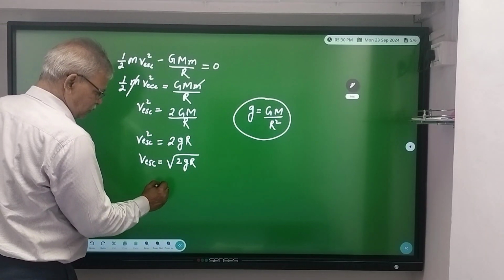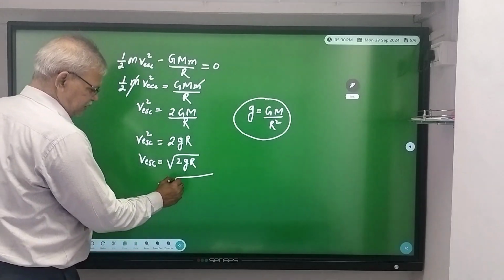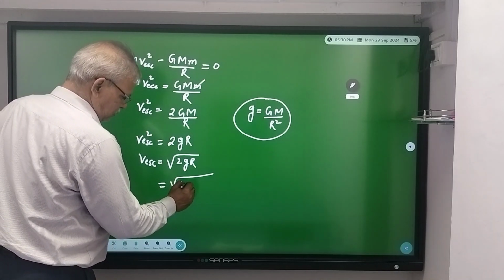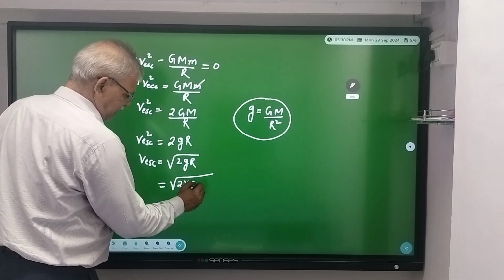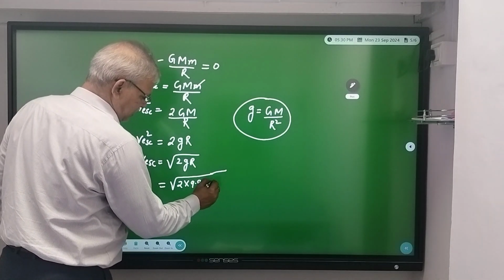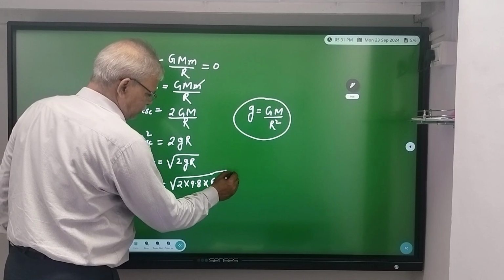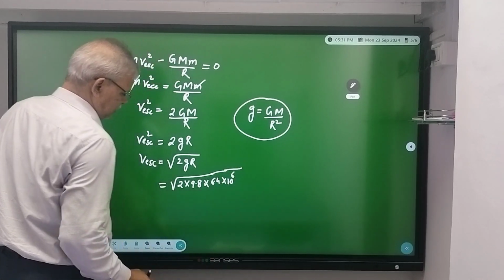Now, where g is the acceleration due to gravity, substituting the value, and here R is the radius of the earth, 6.4 into 10 raised to 6.